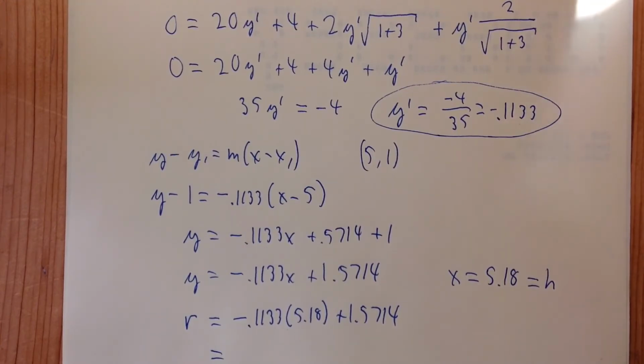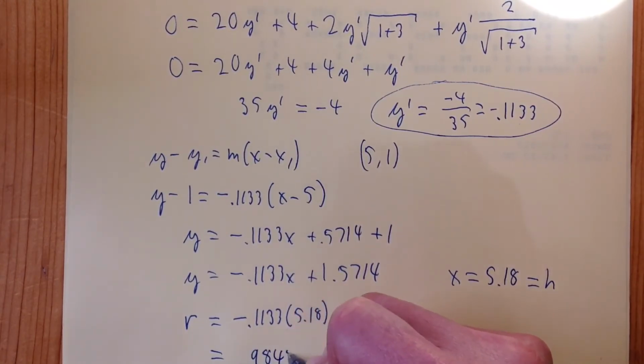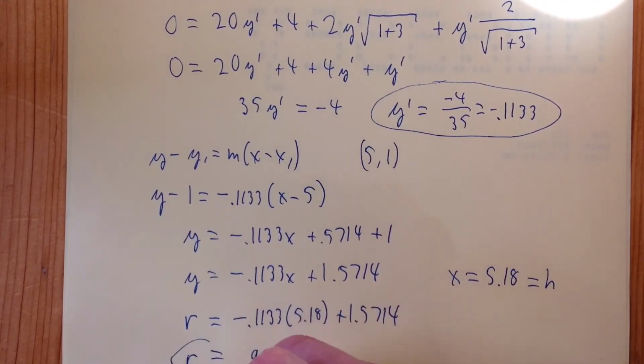Negative 0.1133 times 5.18, plus 1.5714, which equals about 0.9845. So that would be our new radius.